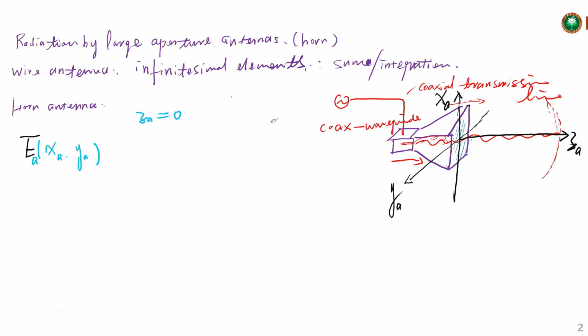It is called the electric field aperture distribution. Finally, what we want to do is analyze how to express this parameter and get the total radiation pattern by integration of this electric field over the whole aperture.